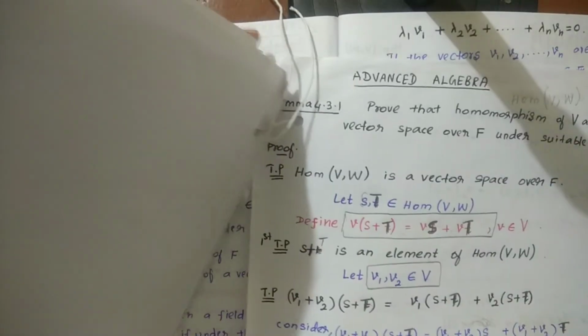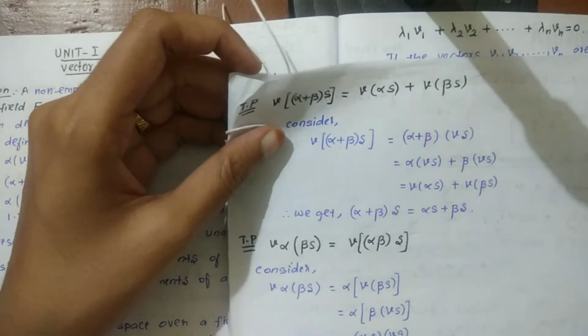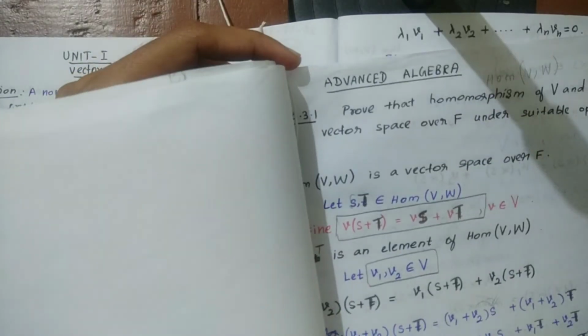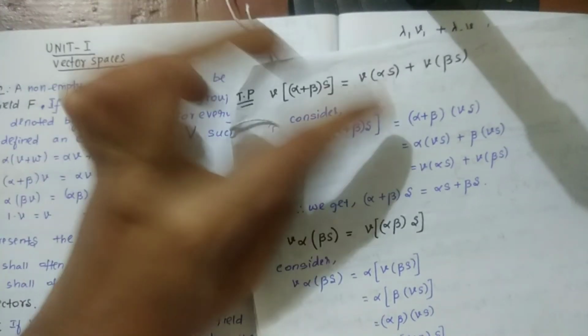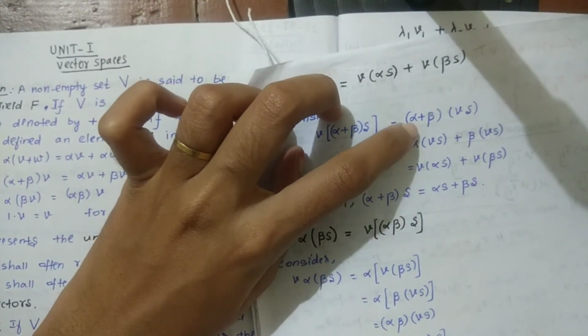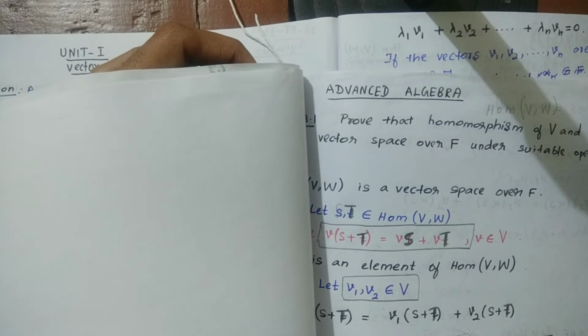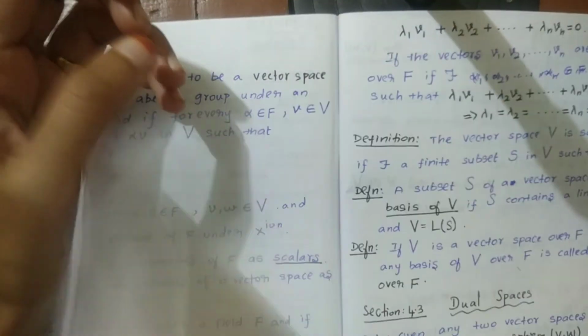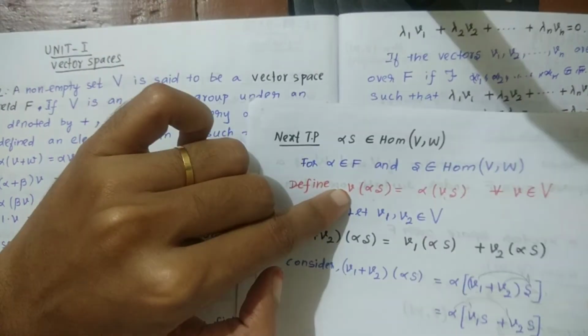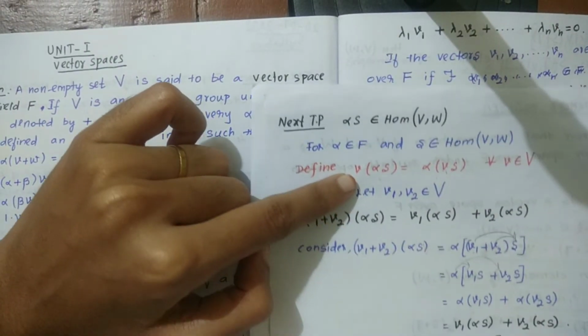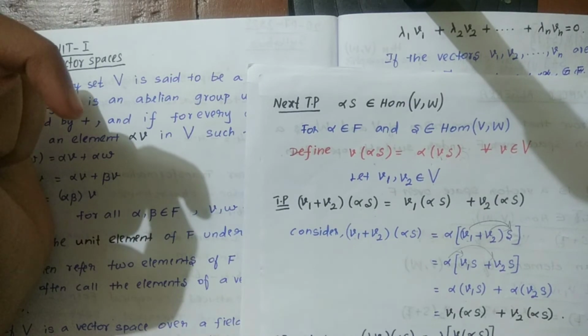Okay, am I right? V of s plus t. The element from the outside. So here alpha plus b. You are writing this in this format, I think. The element from the outside, v of alpha s is equal to alpha of vs.